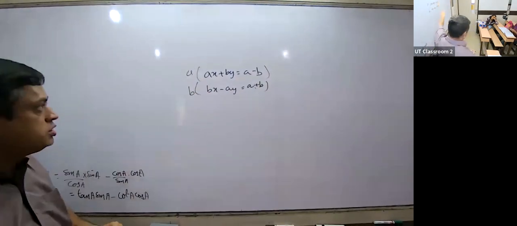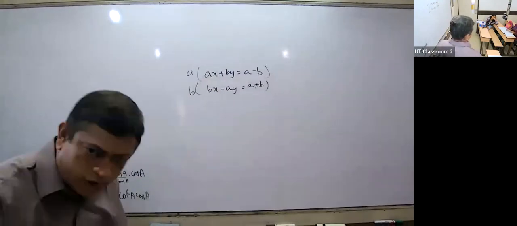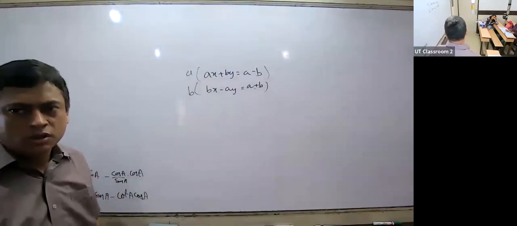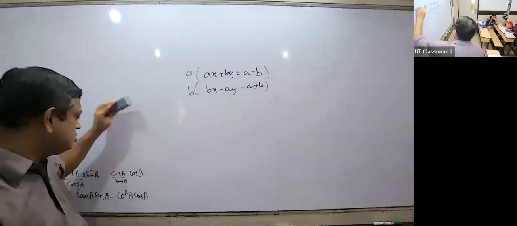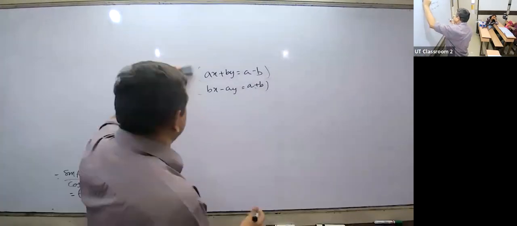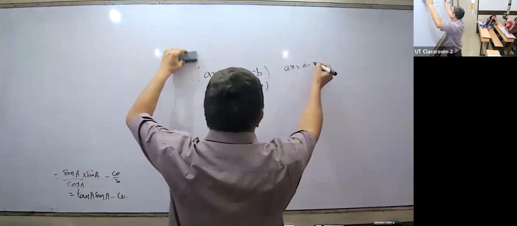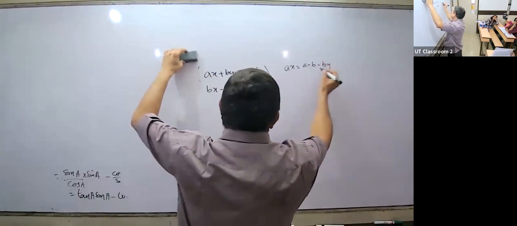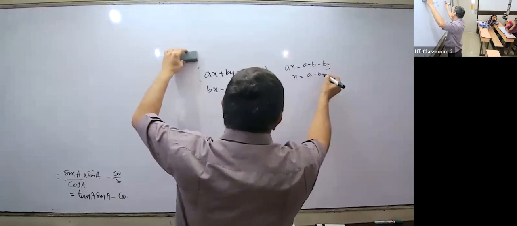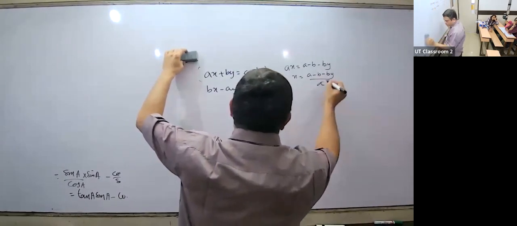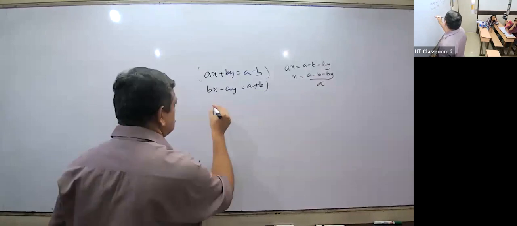Y means make the coefficient same, like in the elimination method. Sir, it says to go with substitution. Then if we need substitution, Ax is equal to A minus B minus By. X is equal to A minus B minus By divided by A. Are you following? Substitute in the second equation.